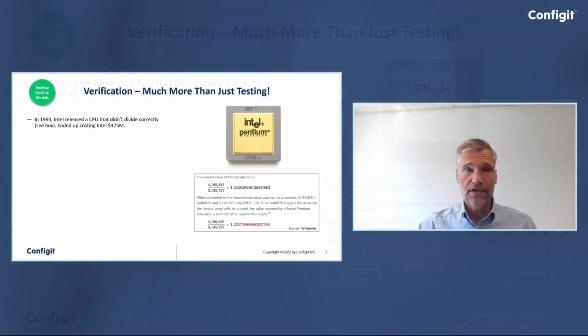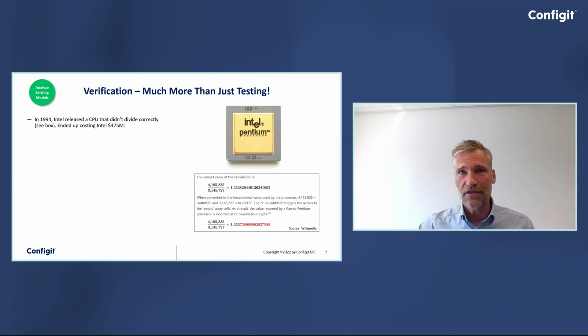And even if you could check, let's say, 1,000 divisions every nanosecond, it would take you more than like 14 years to check all the different combinations. And that's clearly not feasible. So Intel only tested some of the combinations, and unfortunately, they did not find the error. It ended up costing them a lot of money, as you can see here, several $100 million, because they basically did not test all valid combinations.